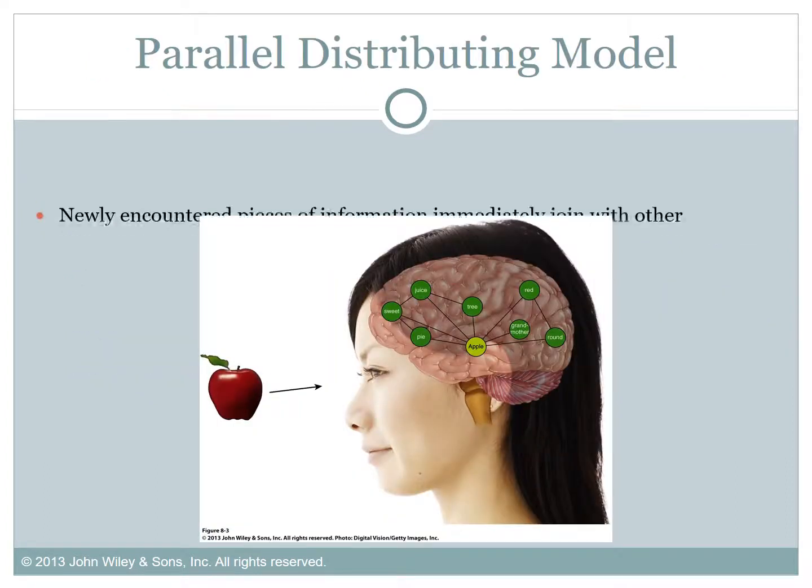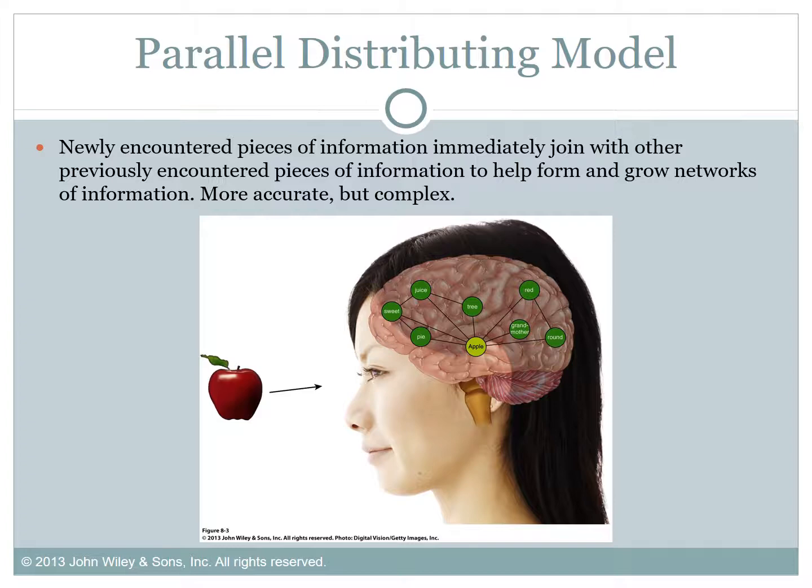This is a relatively simplistic view of how we might visualize that theory, where you receive a piece of information and it triggers a memory. But that memory isn't triggered by itself. Instead, it triggers an entire network of information related to that object.